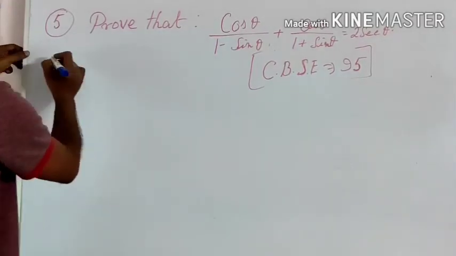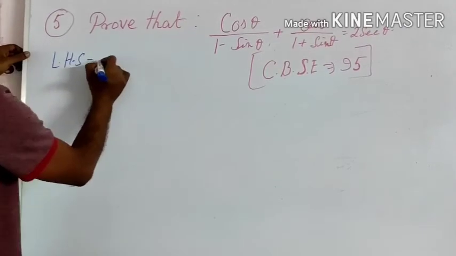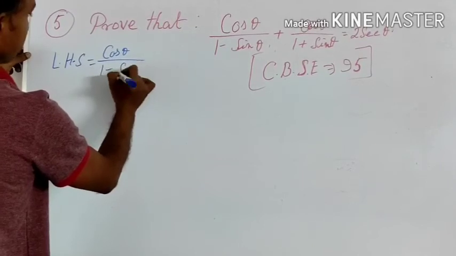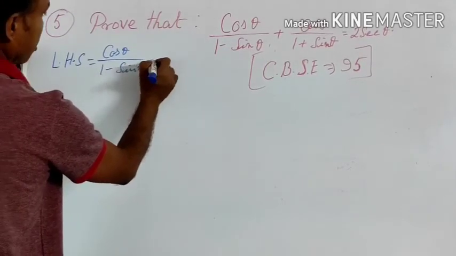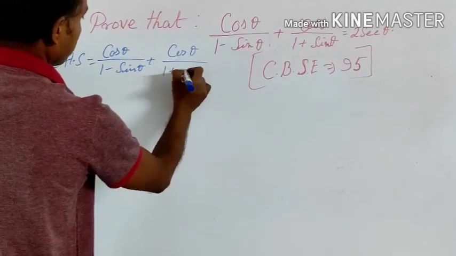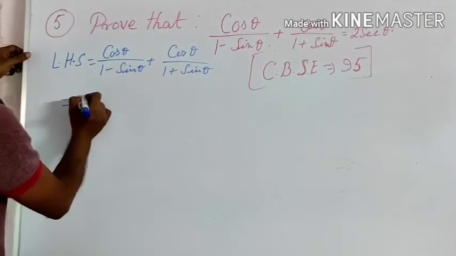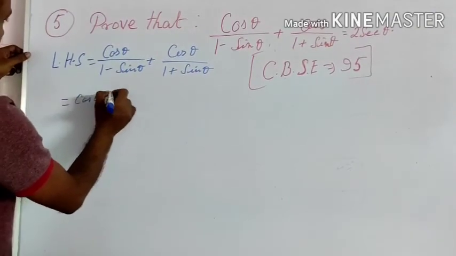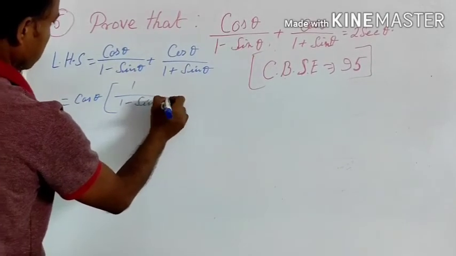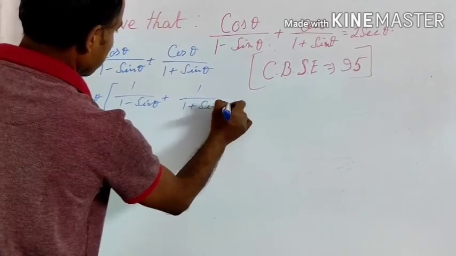Okay, left hand side is equal to what? Left hand side is equal to cos theta by 1 minus sin theta plus cos theta by 1 plus sin theta. So first we take common cos theta, then this will be 1 by 1 minus sin theta plus 1 by 1 plus sin theta.